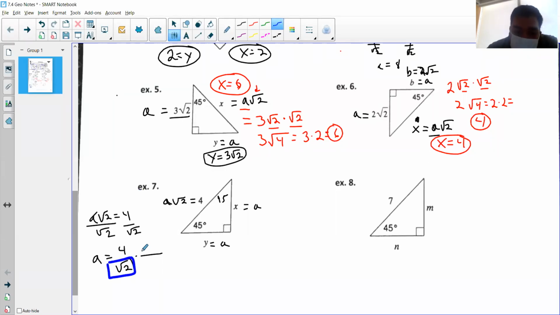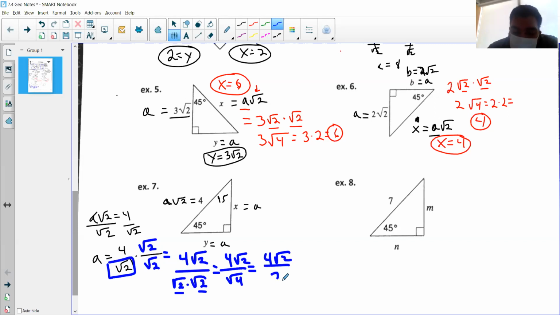So I'm going to multiply the top and the bottom by square root 2. What occurs is I get 4 root 2 over root 2 times root 2. But remember, if they're both in square roots, you can multiply it. So 4 root 2 over root 4. And you guys are very smart. You know what the square root of 4 is. 4 root 2 over 2.